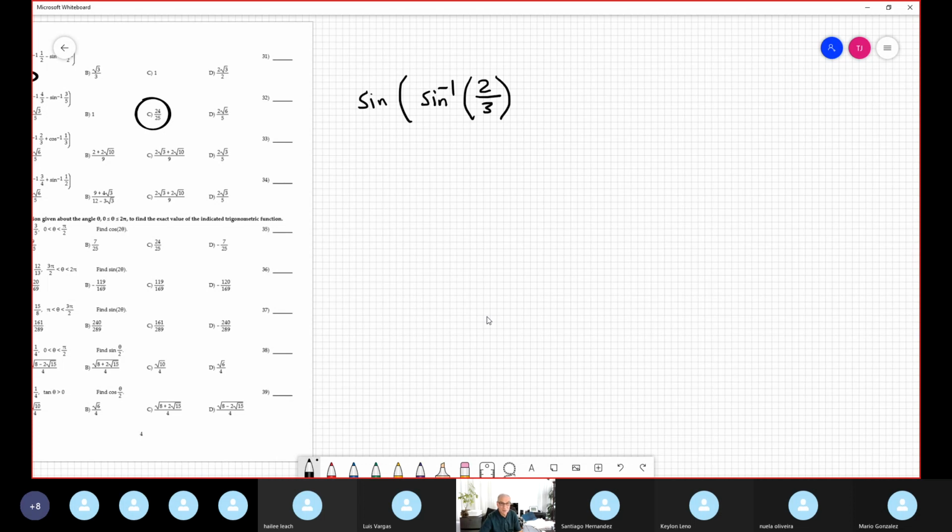But it doesn't matter. Plus cosine inverse of 1/3. Close the parenthesis for this function and close the parenthesis for that function. We have three functions, two inversed and one direct. I call this guy alpha. I call this guy beta, because I know that the answer the inverse trigonometry offers is an angle.